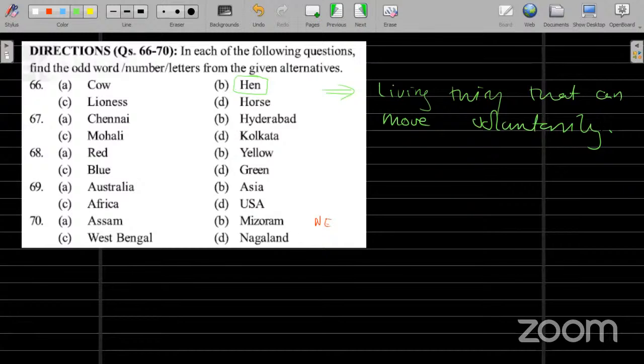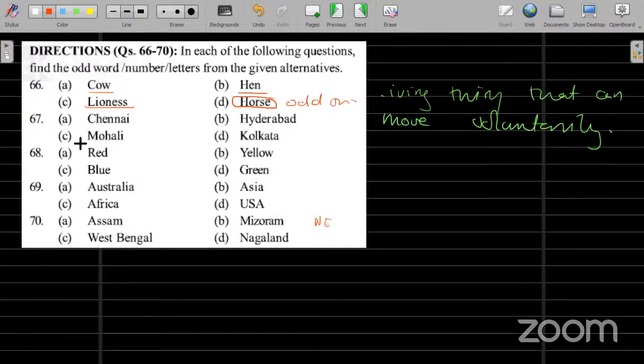Anything other than trees are called animals. So hen cannot be the answer there. Now, considering this, cow is female, hen is female, lioness is female, whereas horse need not be a female. So that is the odd one.